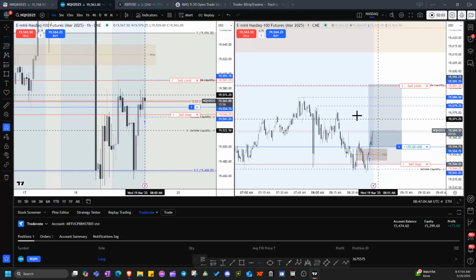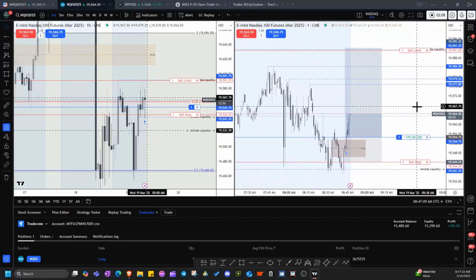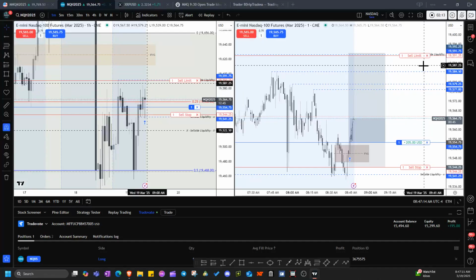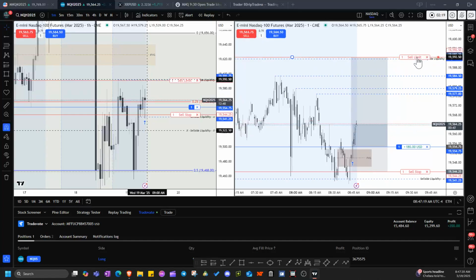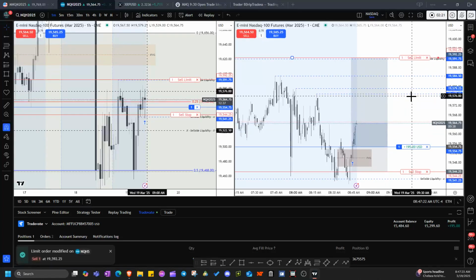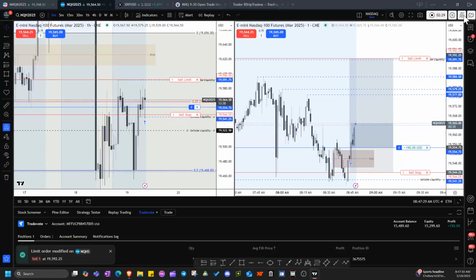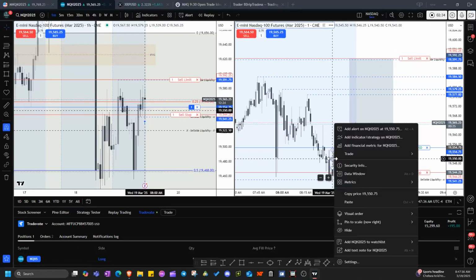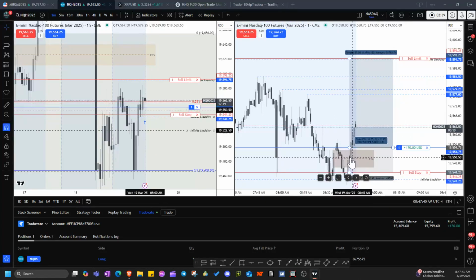I have all those equal highs here. Ideally, we would have entered inside the 50% of this fair value gap turned inverse, because this is now, well, actually, it's not an inverse now because we traded through it and found support within it.